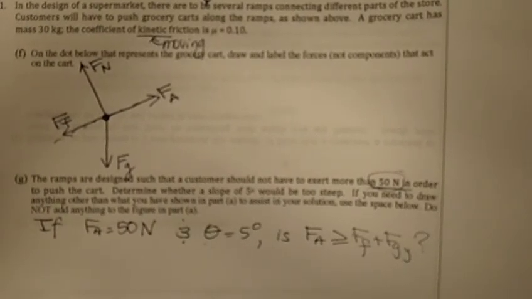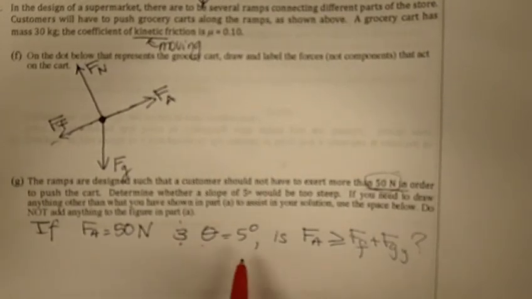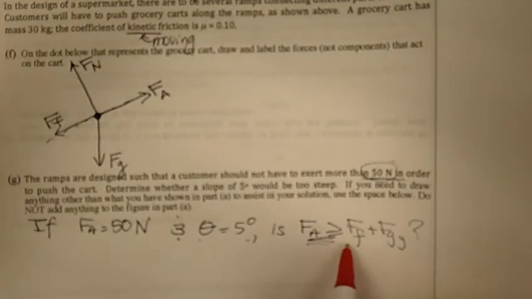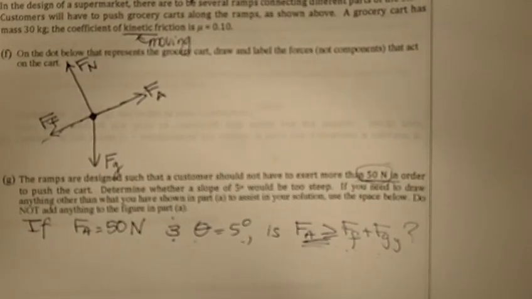Alright, so where we left off, we said if the force applied is 50 newtons and the angle is 5 degrees, is that force applied greater than or equal to the force of friction plus Fgy?